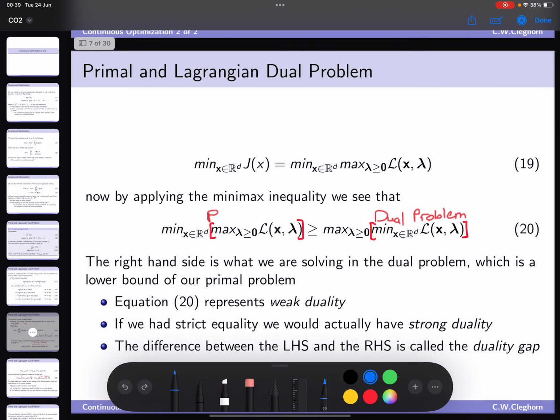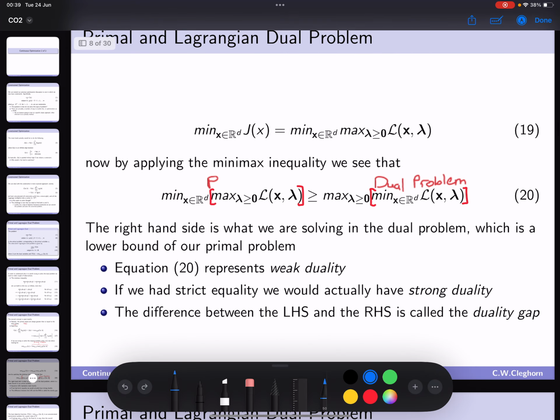On the flip side, as I said, we can use the min-max inequality now, so that instead of first maximizing lambda, then minimizing x, we instead minimize x, then maximize lambda. And we know that when we use the min-max inequality, the term that gets first minimized, then maximized, is going to be less than the version of this equation that first maximizes and then minimizes, right?